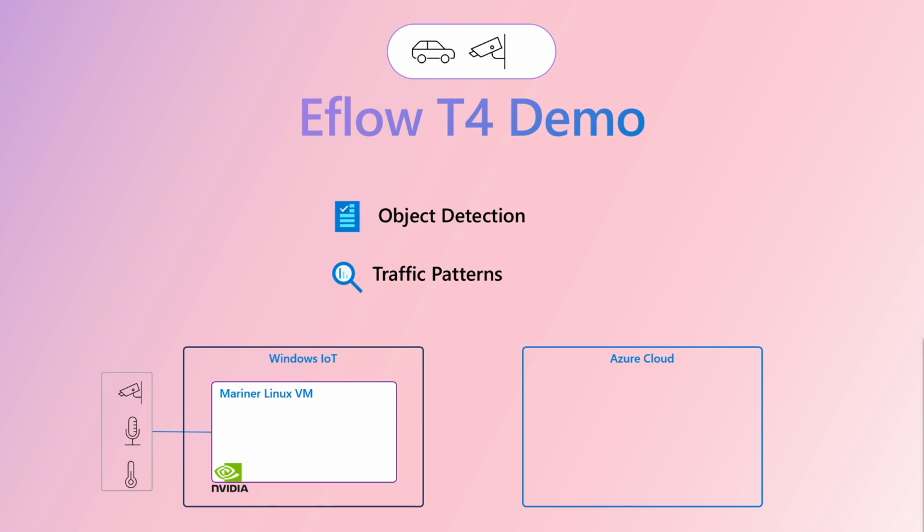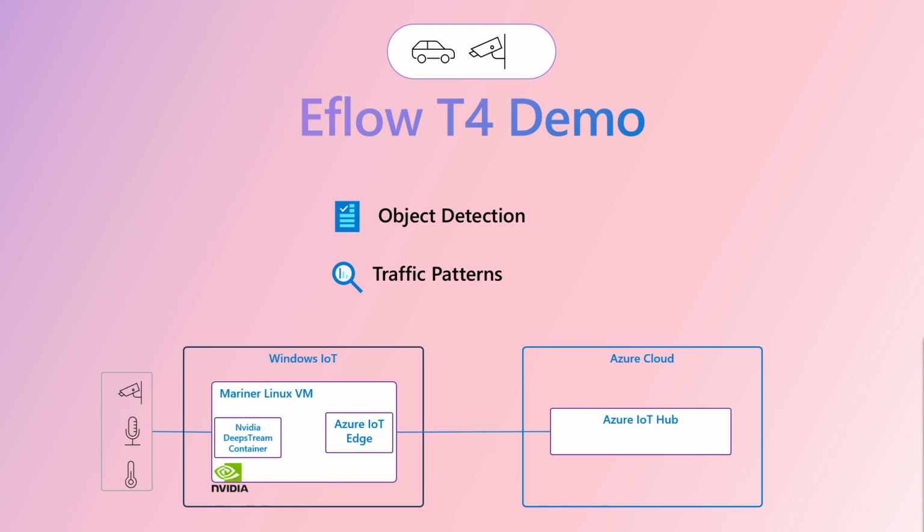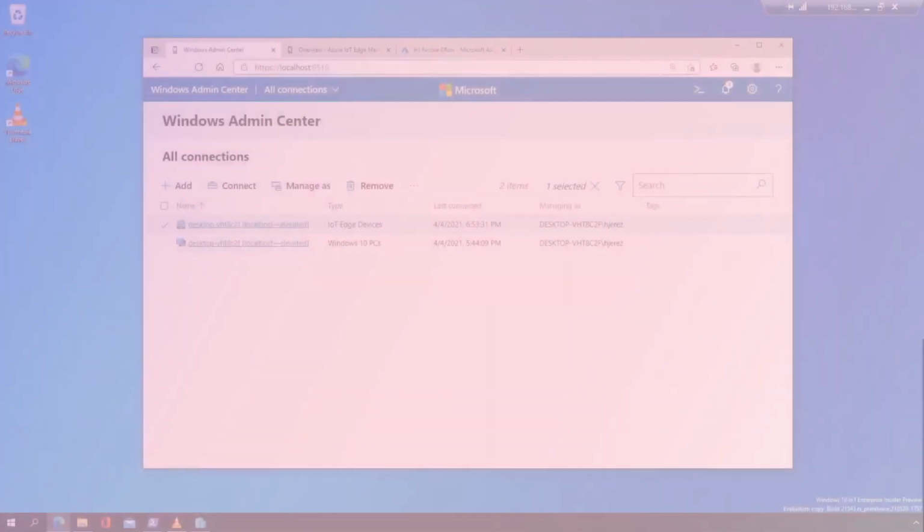The Mariner Linux VM will be automatically enrolled by Windows IoT Eflow onto an Azure IoT Hub that will be leveraging the Azure IoT Edge component to then deliver containers that will be executed at the edge. Amongst them, this NVIDIA DeepStream container that will be running the model for us. Let's go look at how this is done directly on the demo.